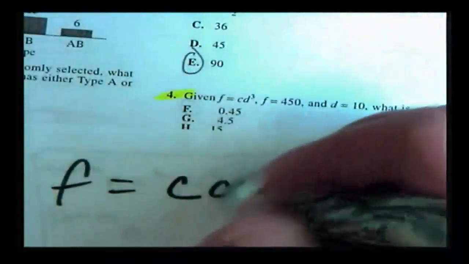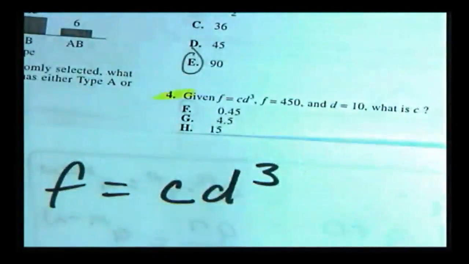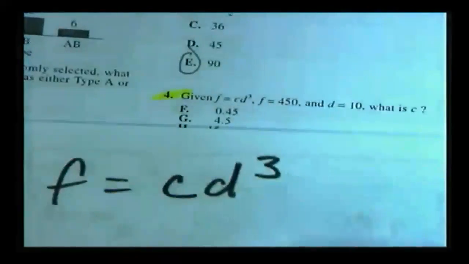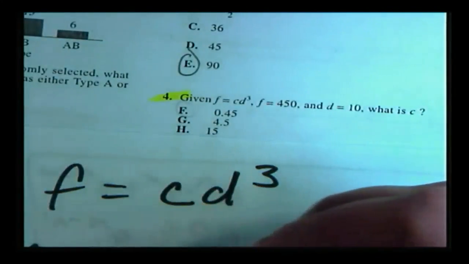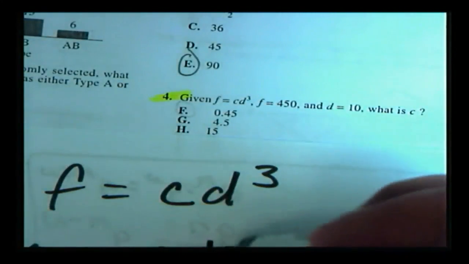Well, that is a good question. And I answer. So, f is equal to cd cubed. And it says here that f is equal to 450, so I'll just replace f with 450. And it says that d is equal to 10, so I will replace d with 10.